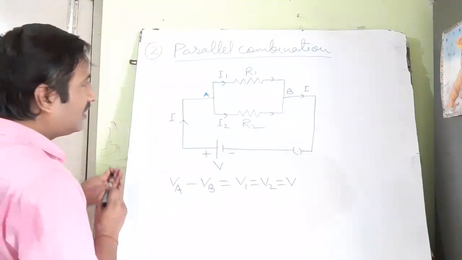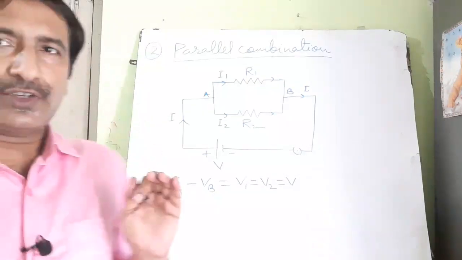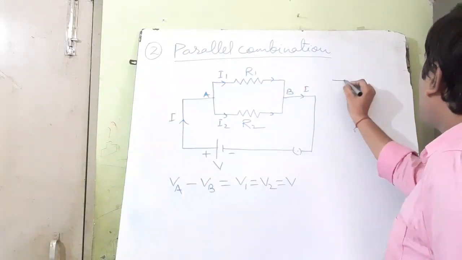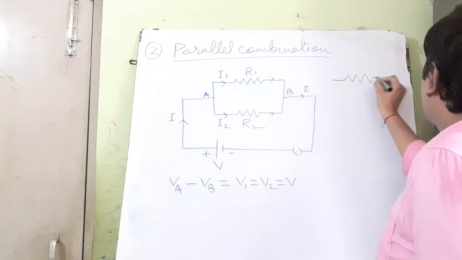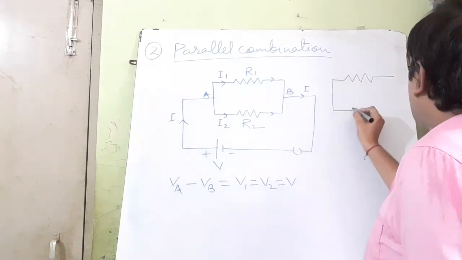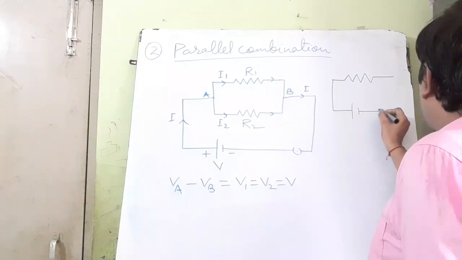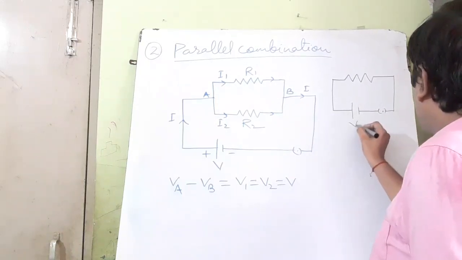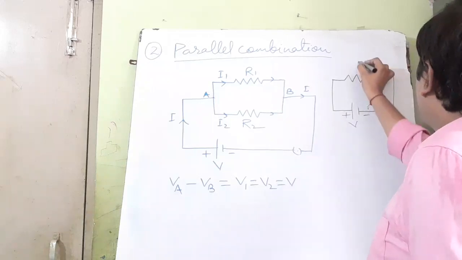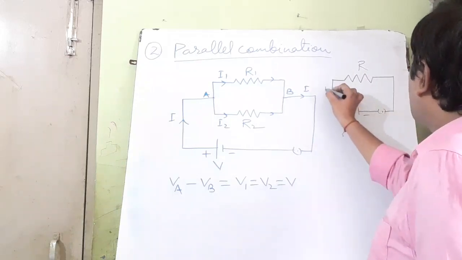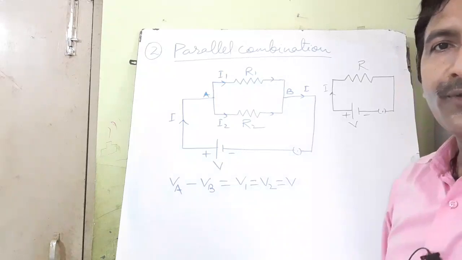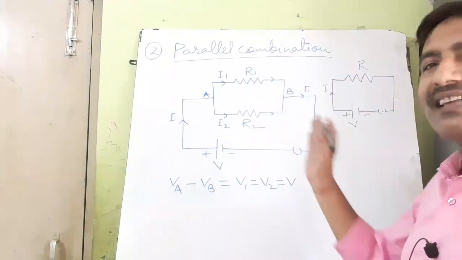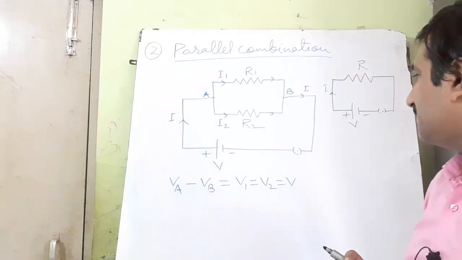Now see, if you use a single resistor of resistance R connected to the cell of potential difference V and current I is drawn from this, then this R will be the equivalent resistance as I discussed in case of series combination.